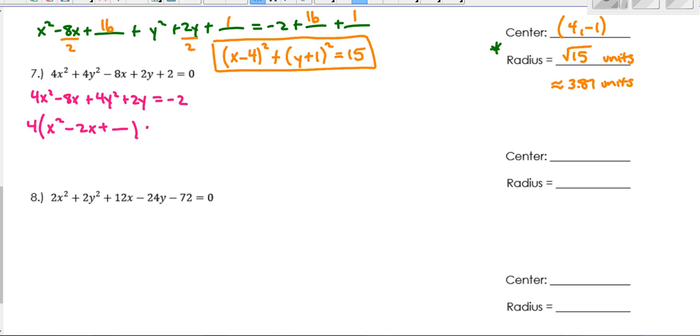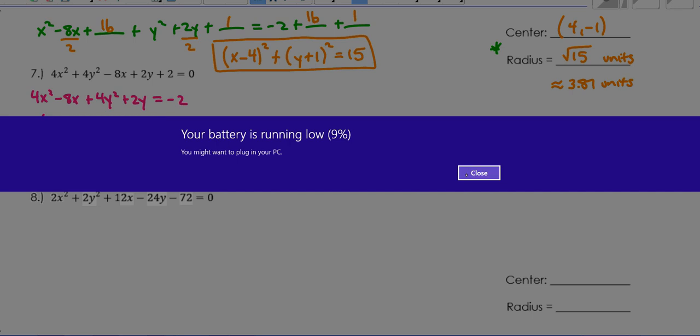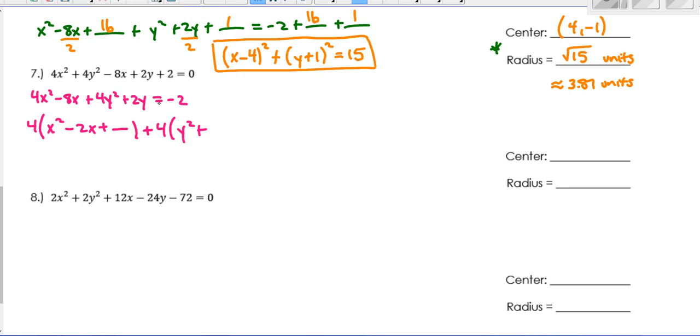And then plus, I'm going to factor 4 out of y squared, which gives me y squared plus, and then this is where it gets kind of a pain. If I take 2 and divide it by 4, I do not get 2. 2 divided by 4 gives me 1/2 y plus blank equals negative 2, and then plus blank plus blank.